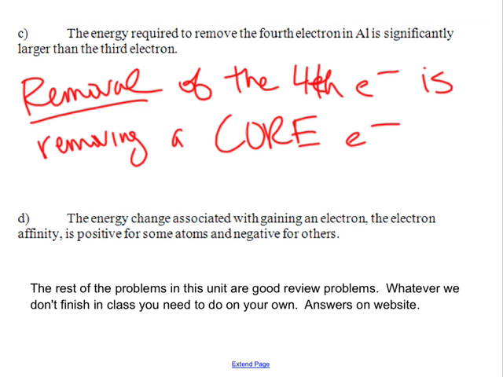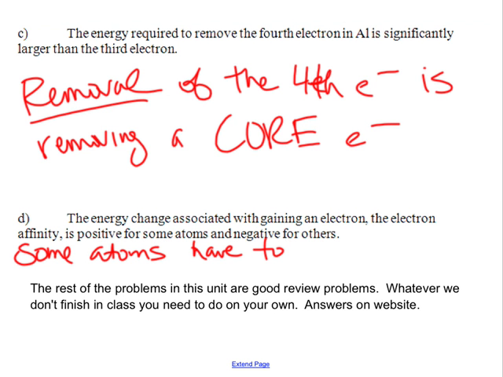Last one. This is just a generalized question. The energy change associated with gaining an electron, the electron affinity, is positive for some atoms and negative for others. Some atoms have to what? Have to, right, so they have to basically be forced, right?